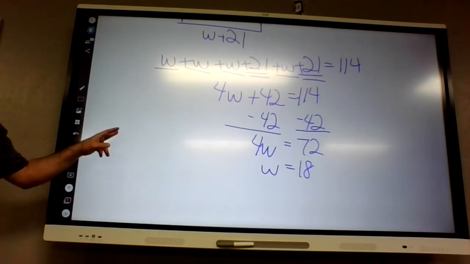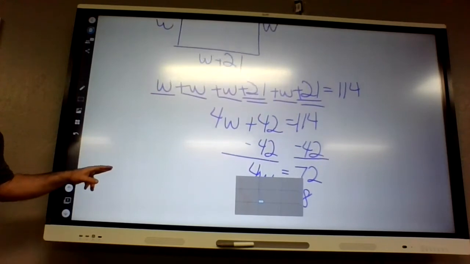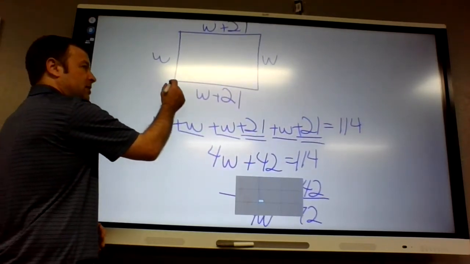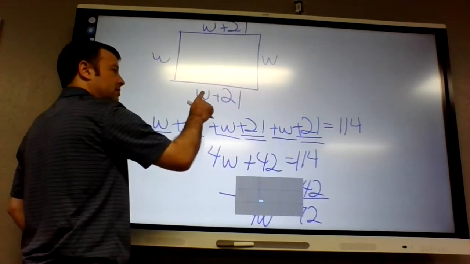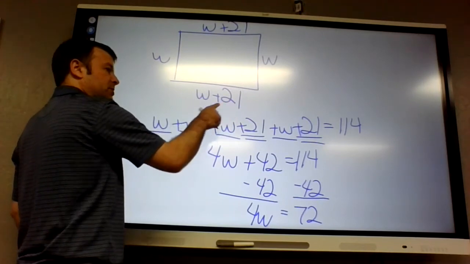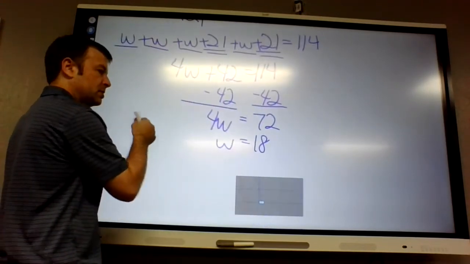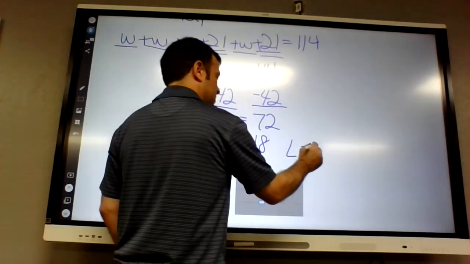Once I know W, the width is 18, how do I find the length? W plus 21, so plus 21. I'll just call it L equals.